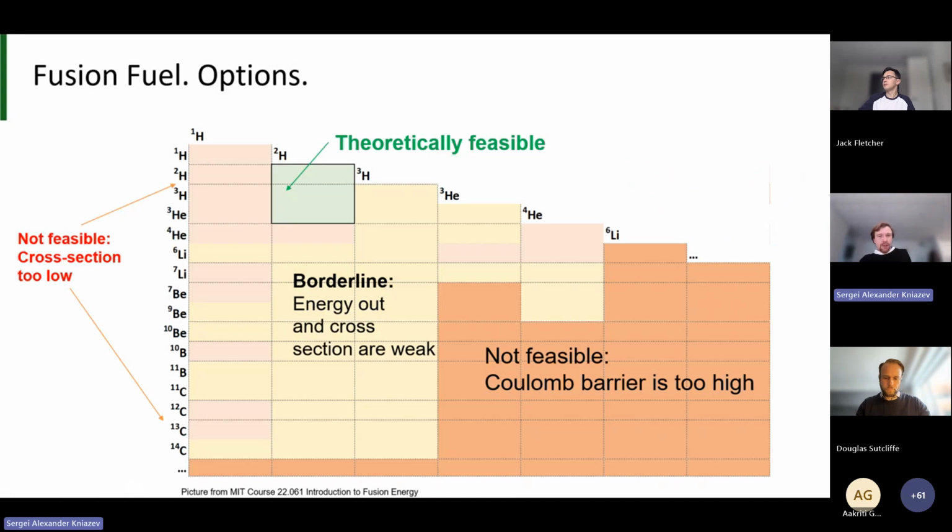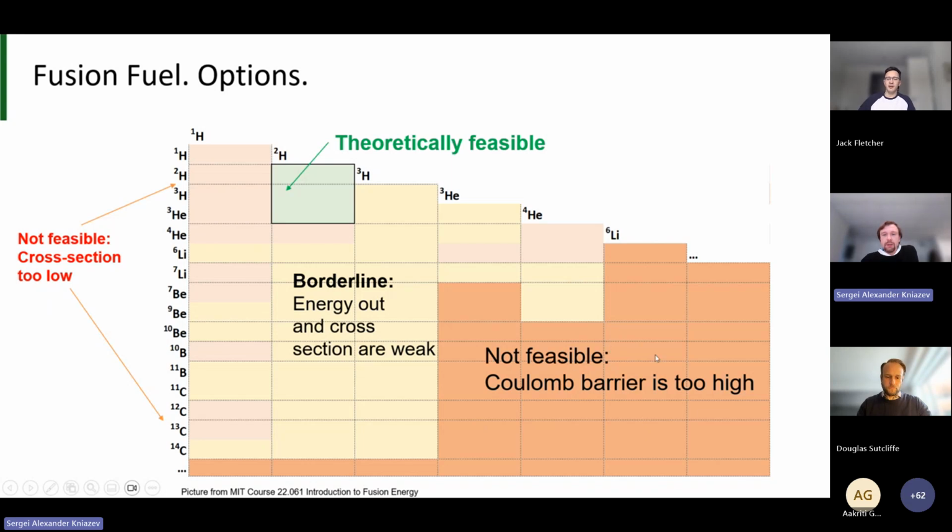This continues the discussion of the potential choices for the fuel, and here you see different combinations of different reactions. So in this orange part, the reaction is not feasible.